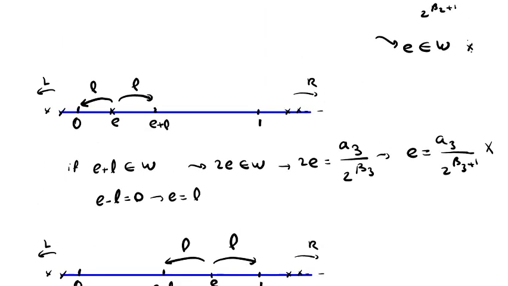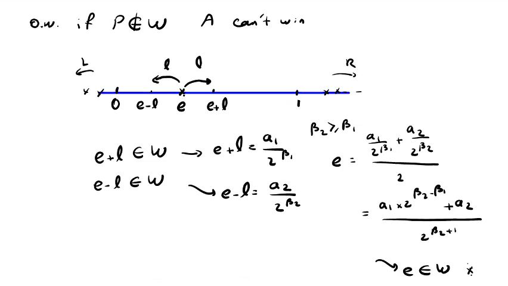Here you select right. If we select this, then A can't go to an element in W. So we proved that if the first point is not in W, player B can always select the direction so that player A can't go to W. So if P is not in W, A can't win.